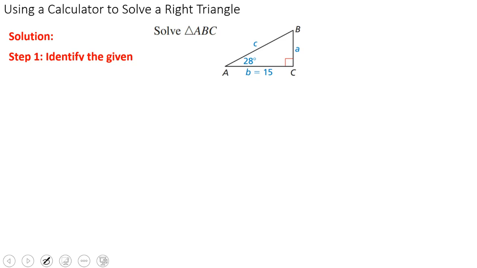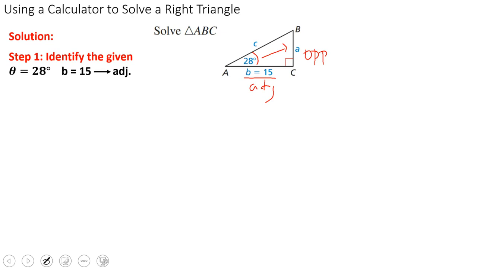So you can see, we do have our given angle here, so that will be our theta, which is equal to 28 degrees. We also have a value of side given here, so that will be B is equal to 15. The opposite side of our theta is A, which means this will be our opposite side. Therefore, B is an example of adjacent side.